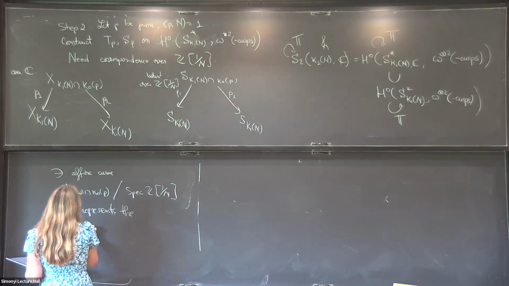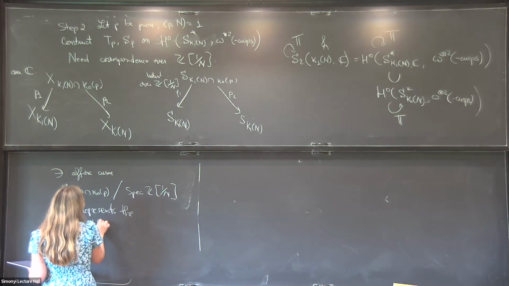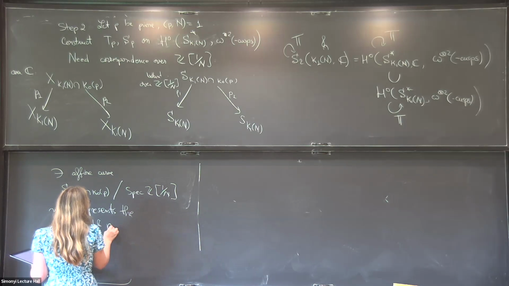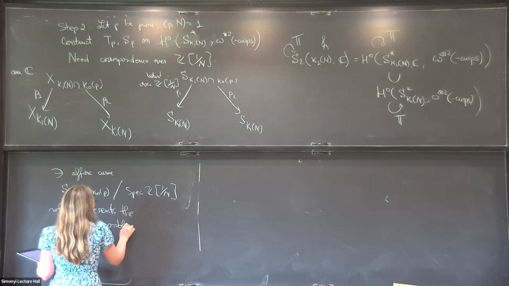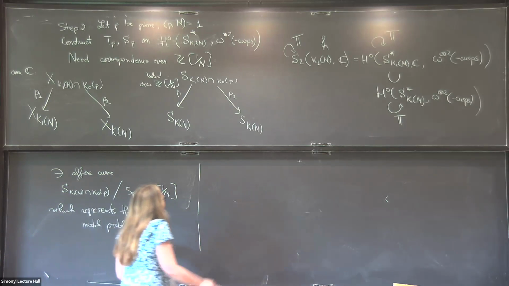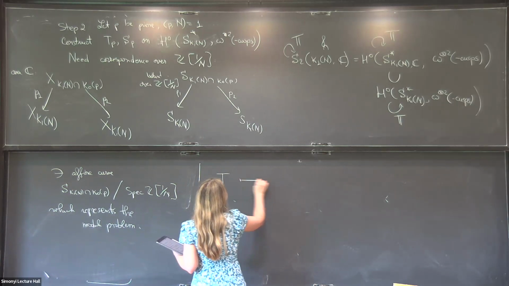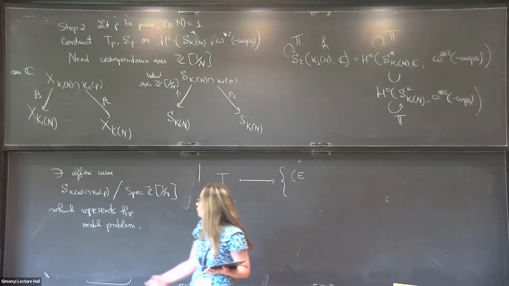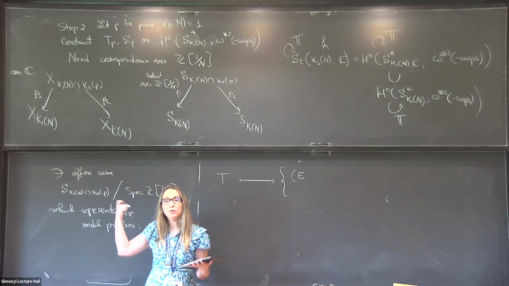And the thing is that by doing the exercise over the complex numbers, the one in Alice's problem sheet, you can figure out what it should be. So T goes to, you just have to add some extra structure that encodes what this K_0(p) is.